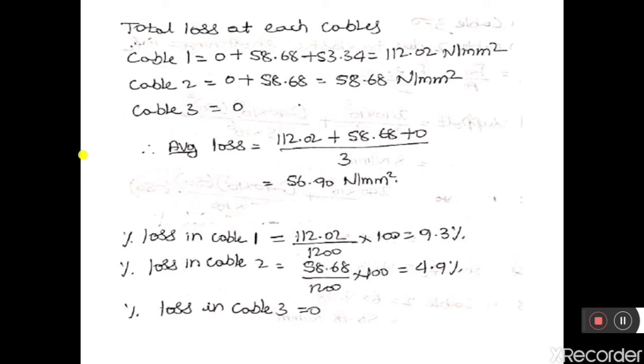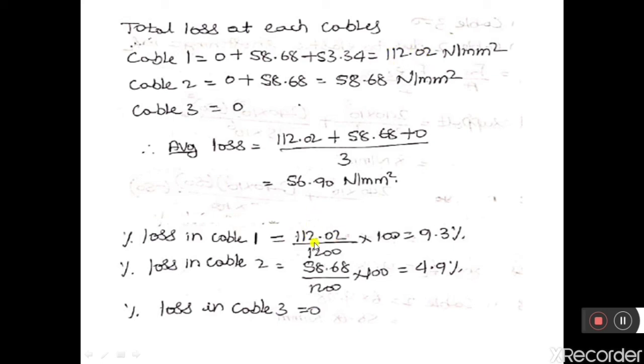And he has also asked us to calculate the percentage of loss of prestress in each cable. So let me calculate the percentage of loss in cable 1. What's the total loss in cable 1? Total loss in cable 1 is 112.02, this is the total loss in cable 1.